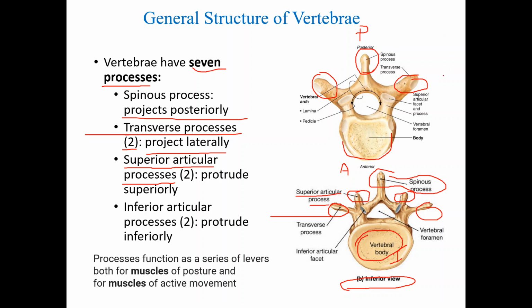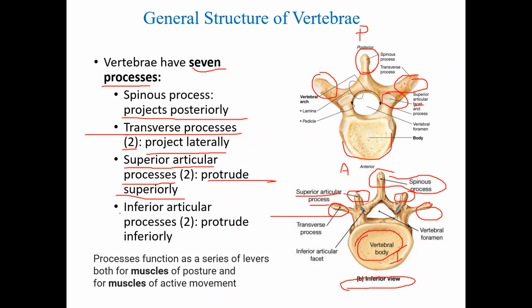Again, try to orient yourself, okay? And here, again, you can see this structure here, the superior articular process, and facet, and we'll talk about this facet in a minute. So protrude superiorly.